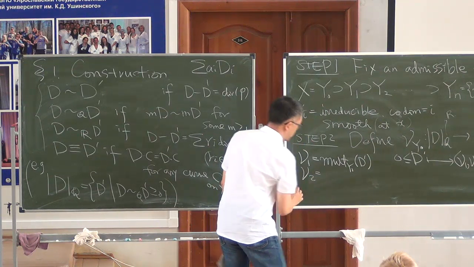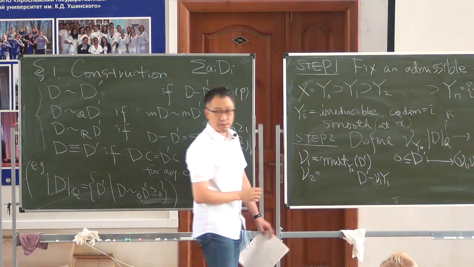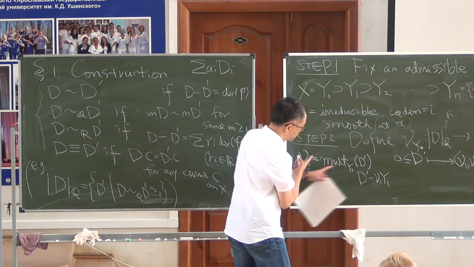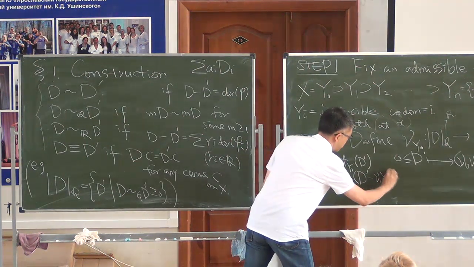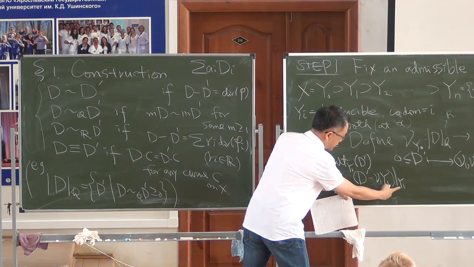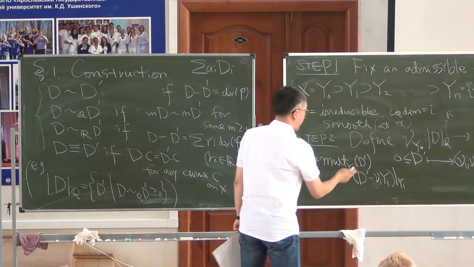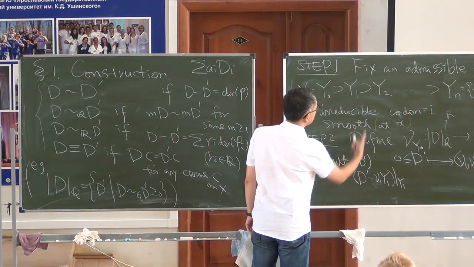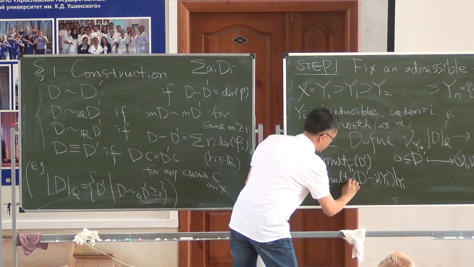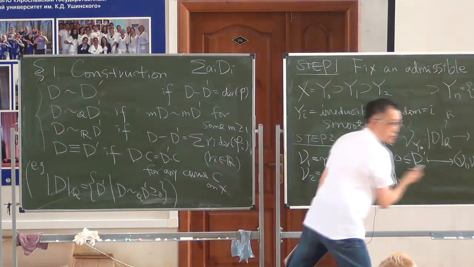And for ν2, you subtract all the Y1 components from your given divisor. So this is a divisor, but it no longer has Y1 in the support. You restrict it onto Y1, and now this is a divisor on Y1. This divisor may contain Y2 in its support, so you just take the coefficient. You just repeat until you get the last coordinate.